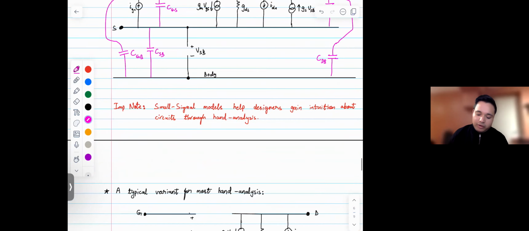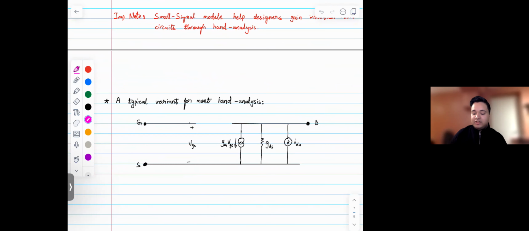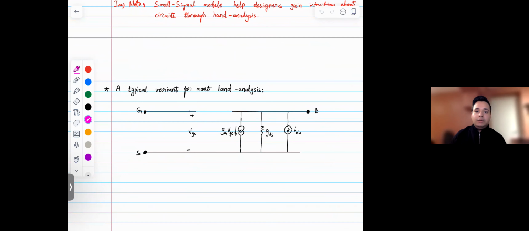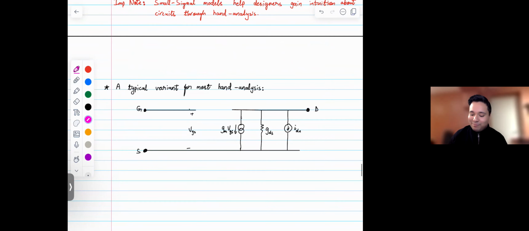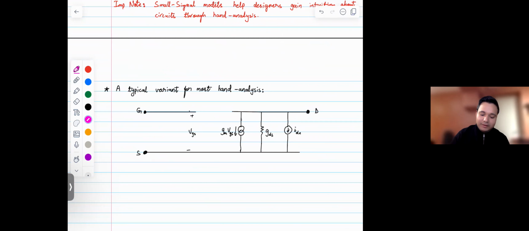All right. So for example, most of the times when I do my analysis, of course I would have the gm vgs. That you will always have. But if lambda is not 0, if you have a short channel device, you would include the gds. Let's say I'm thinking about what the noise would look like in the circuit, I would include the i_dn as well. If you're doing really high frequency circuits, maybe you want to include Cgs as well, right?